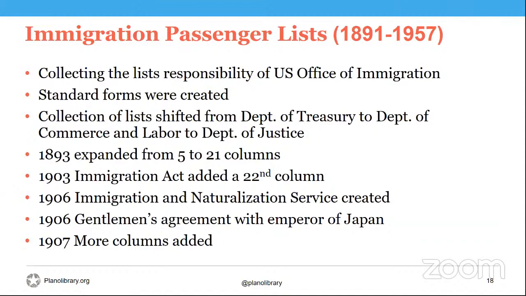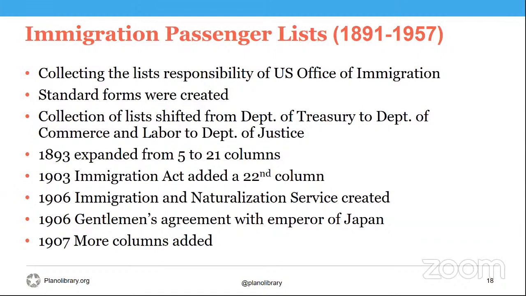It's kind of funny because it wasn't always absolutely neat. That's part of the problem with the immigration records, I think, is that whoever would take the information sometimes had pretty bad handwriting. In 1893, one of the things that's very interesting is it jumped from 5 columns to 21 columns on what we needed to know about that immigrant.